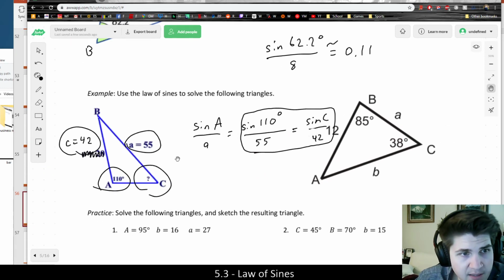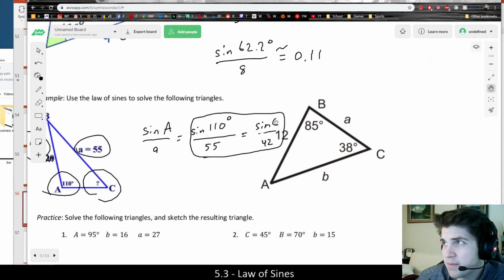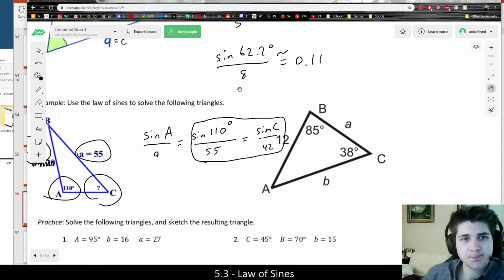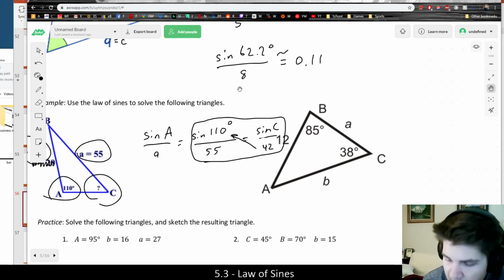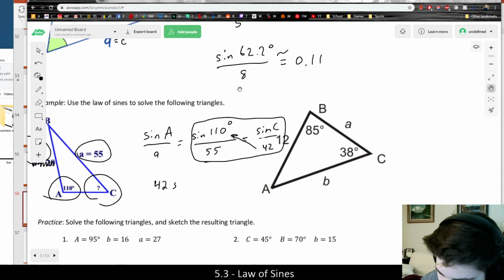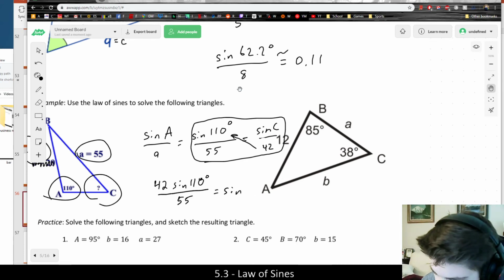Since I know 3 pieces of those, I plug in the parts that I know, and that leaves me with one unknown, capital C, the angle. And what I could do from here is multiply across by 42. Since this is really a proportion, that would leave me with 42 times the sine of 110 over 55 must be equal to the sine of C.